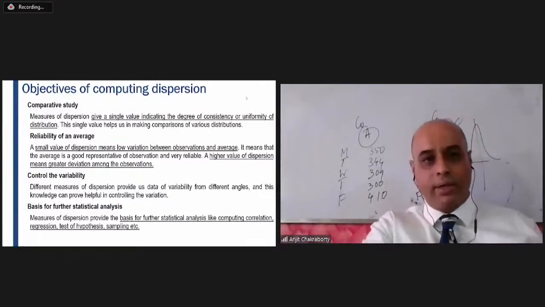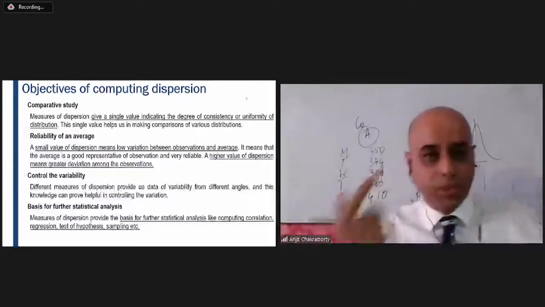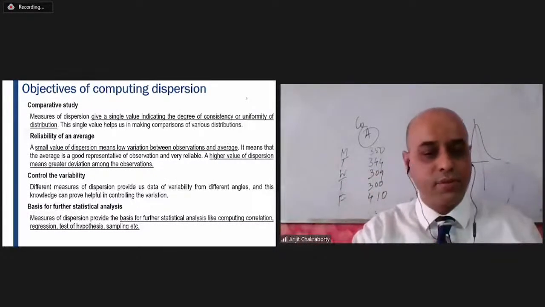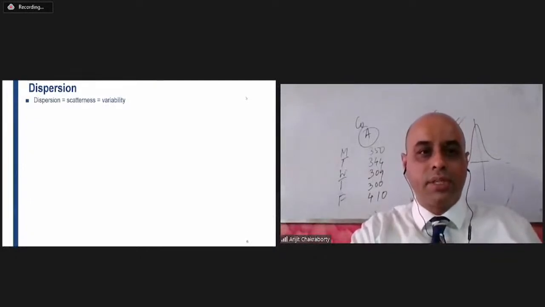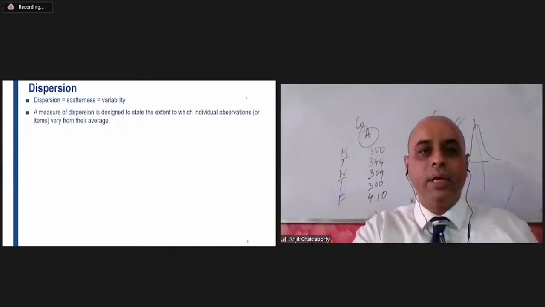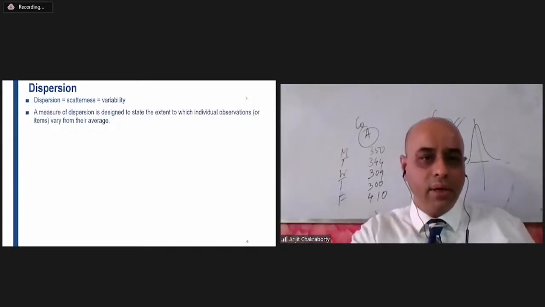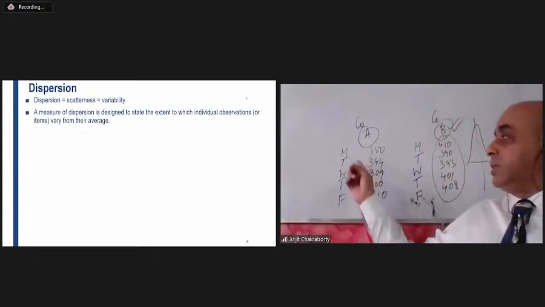So this is a practical chapter, and it helps you in decision making. You are able to choose the right decision out of some alternatives which are given to you. So dispersion means scatteredness or variability. I think it is clear now. A measure of dispersion is designed to find out how much variation there is from the average.